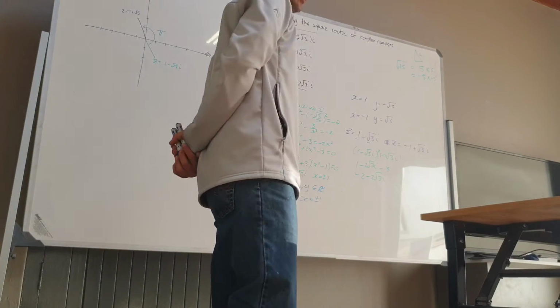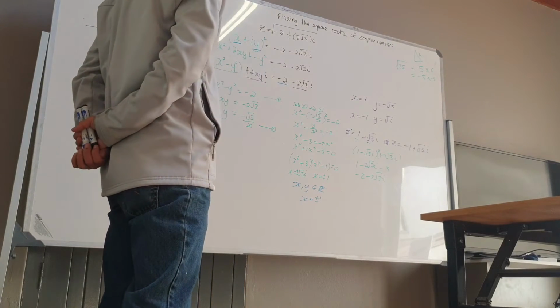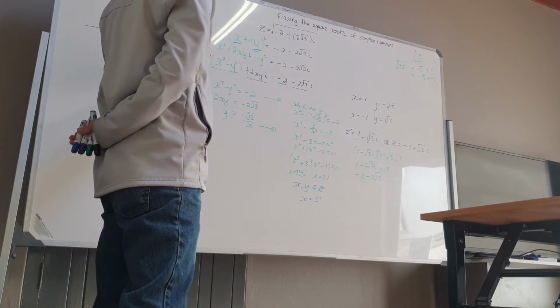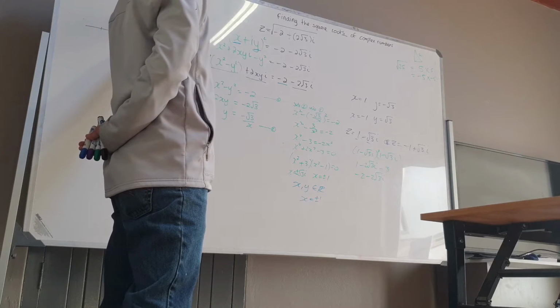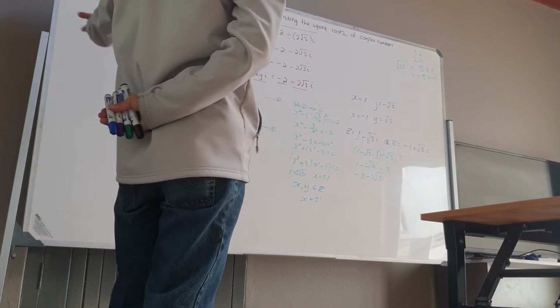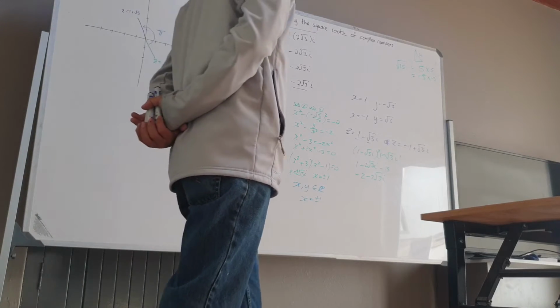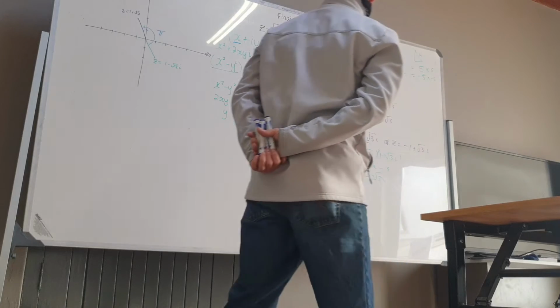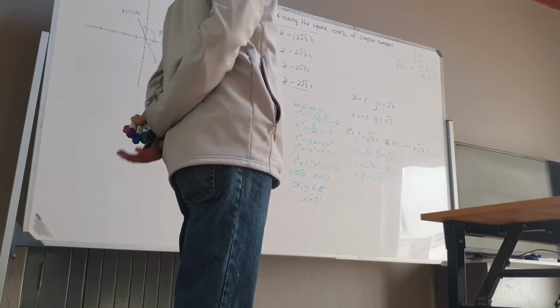So there you go, that's the square root of complex numbers. If you want to find a complex number's square root, you can find one solution, and you could find its other solution just by determining where its position is in the complex plane. That is when we find it in Cartesian form.